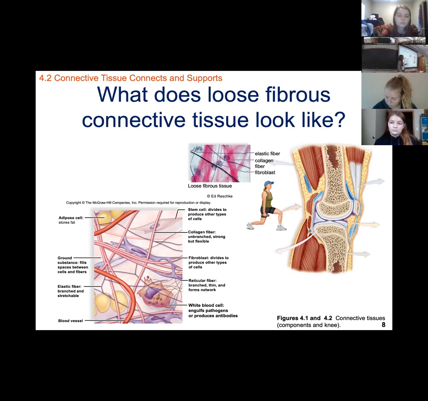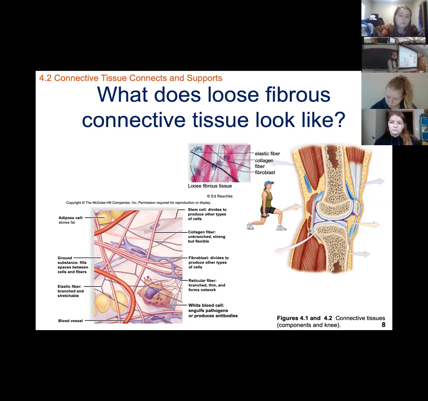A stem cell, it divides to produce other types of cells. Maybe you've heard of stem cell research in the news, and there being some debates about stem cell research. A collagen fiber is unbranched, it's strong and flexible. We've got a fibroblast, it divides to produce other types of cells.